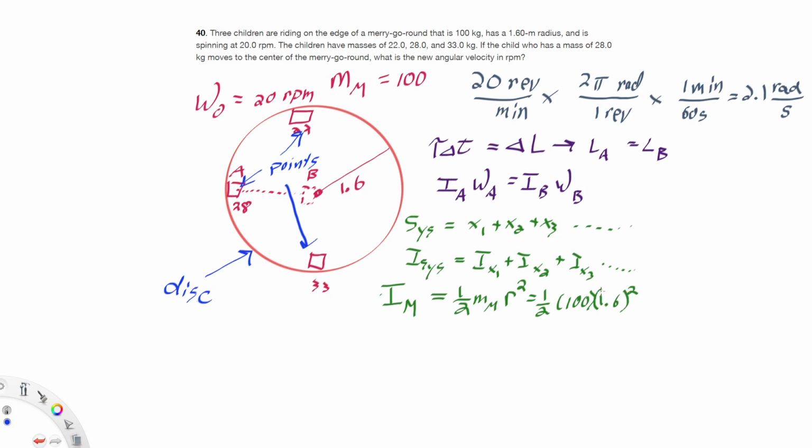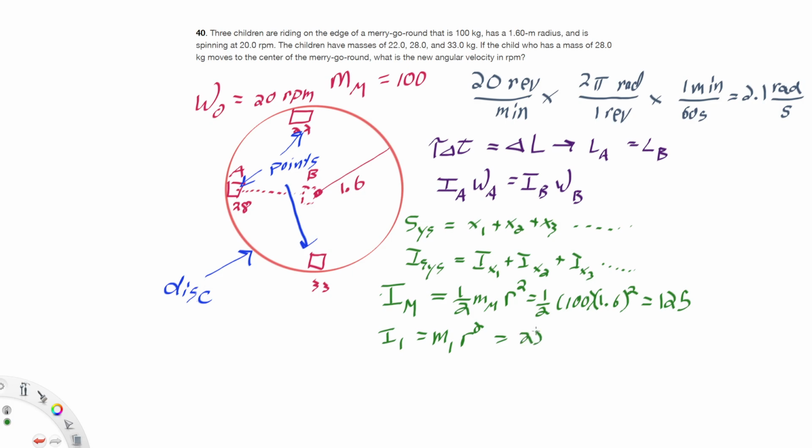So 1.6 is about 1.5, and 1.5 squared is like 2 1/4. So 50 times 2 1/4 is going to be like 125. And then each of the kids are basically points. So the moment of inertia of the first kid is just the mass of the first kid times the square of the radius.